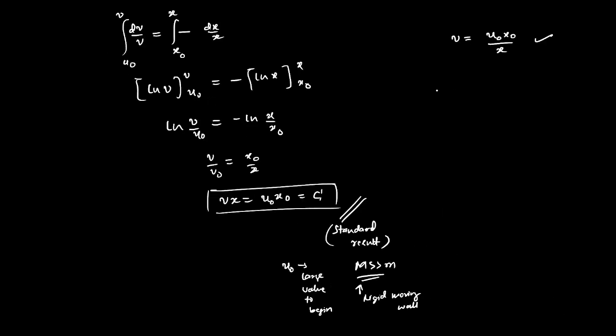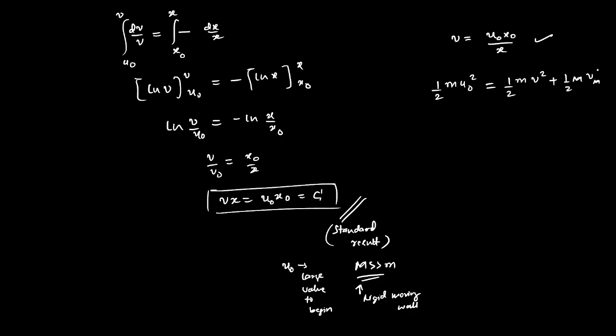As we know, we started this event with an initial energy of half m u naught squared. This is the entire kinetic energy of the system as we begin. At any given point, the small m will be carrying half m v squared of kinetic energy, and the rest of the energy should be carried by the bigger block.